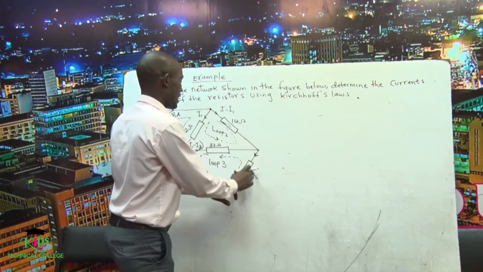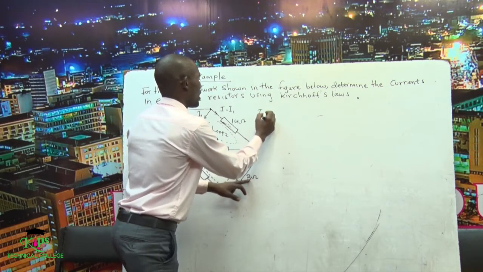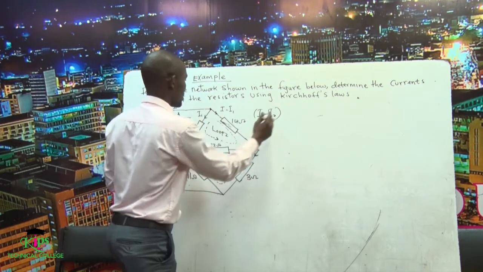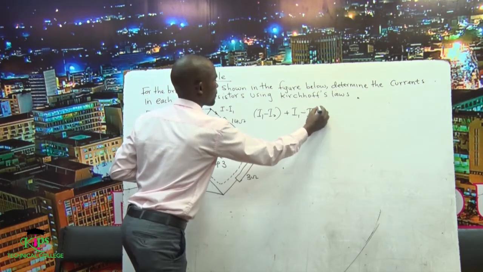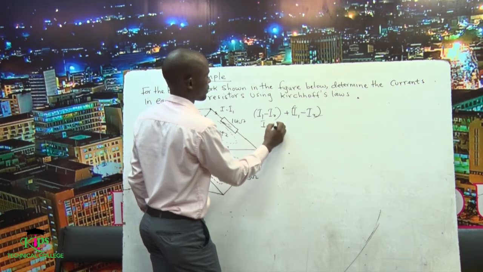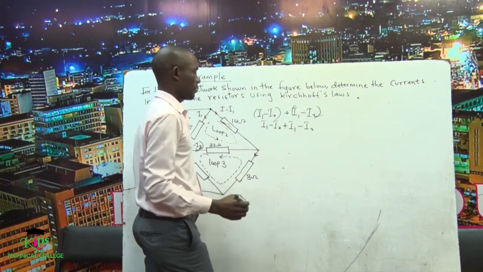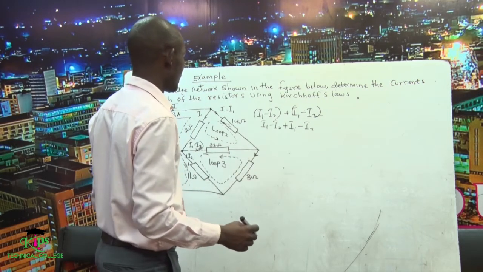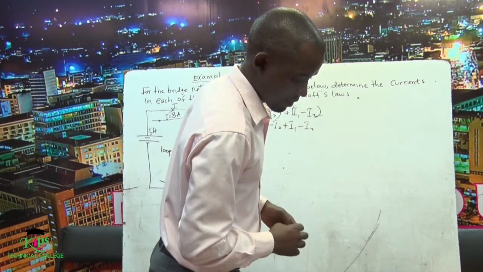So the current across resistor 3 will be equal to I1 minus I2, plus the current which is also coming to that junction, I1 minus I2. If you sum up these two, open the bracket, I1 minus I2 plus I1 minus I2, you can see that, is there anything that is cancelling? We can check and see whatever is cancelling out.